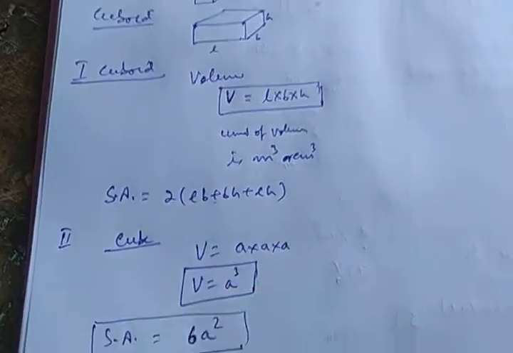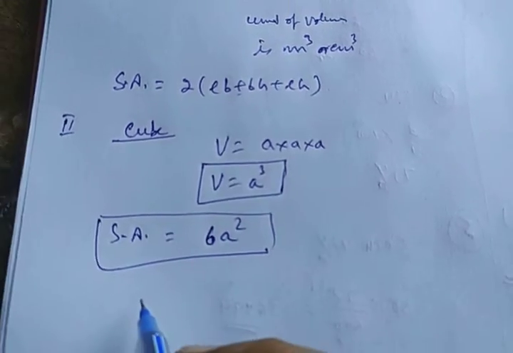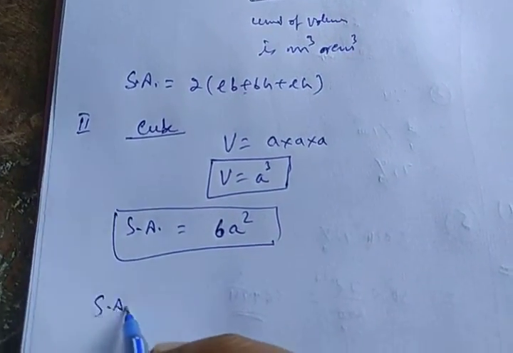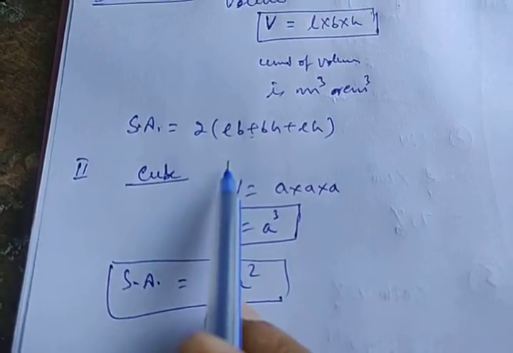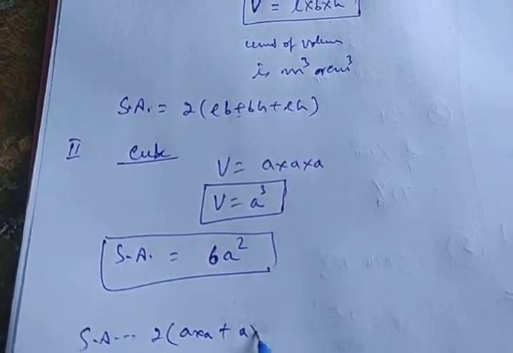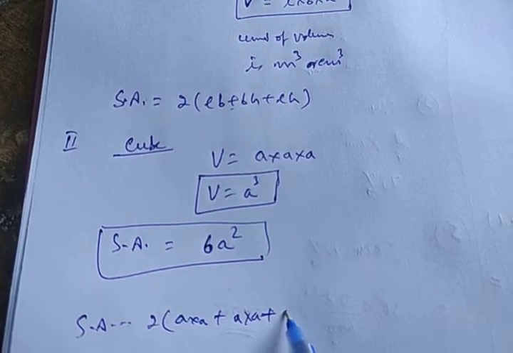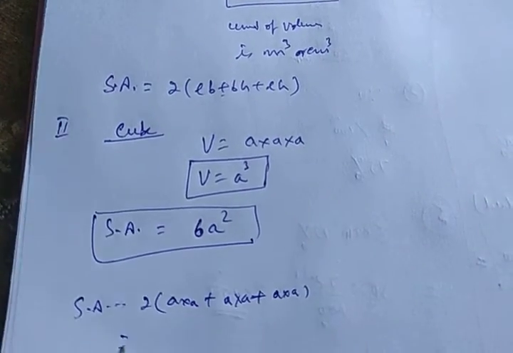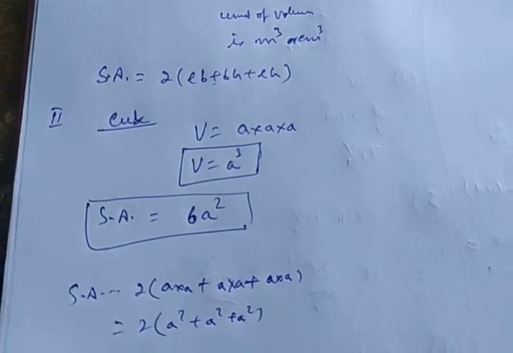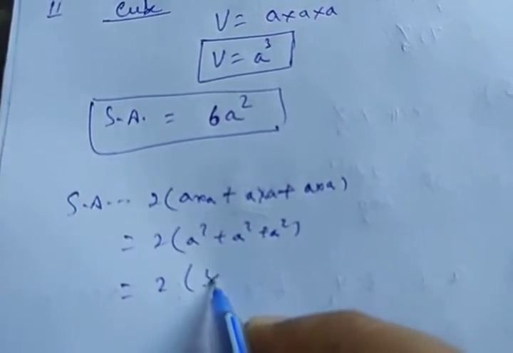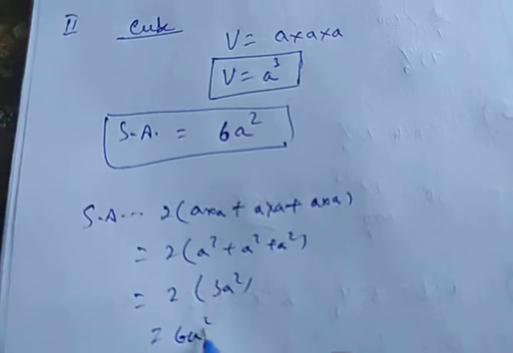By taking this, the solution can be taken as SA would be 2 into A into A. In place of L into B, it is A into A. Again B into H, A into A. Again L into H, A into A, because all the sides are A. 2 into this is A square plus A square plus A square. 2 into 3A square, this will become 6A square.